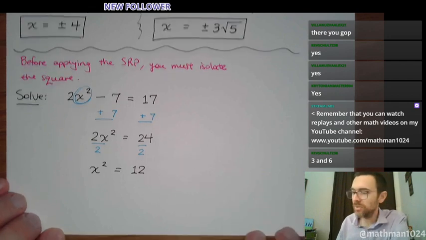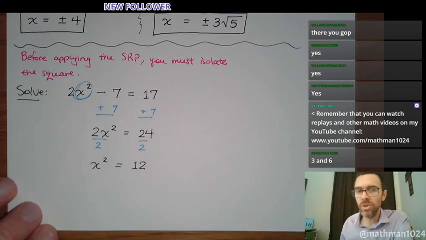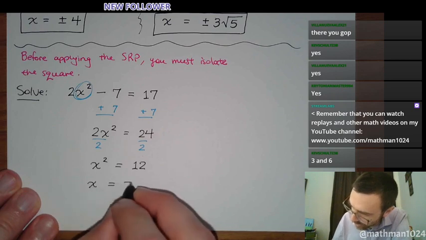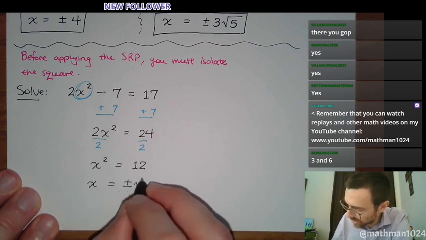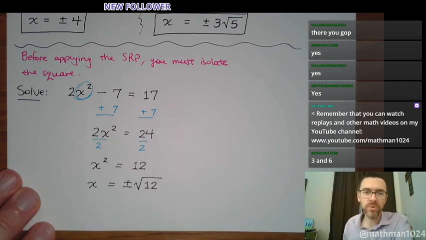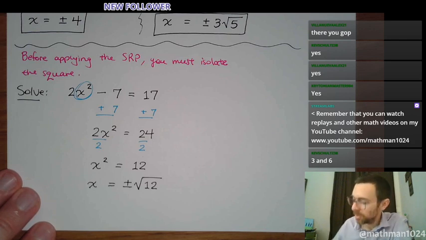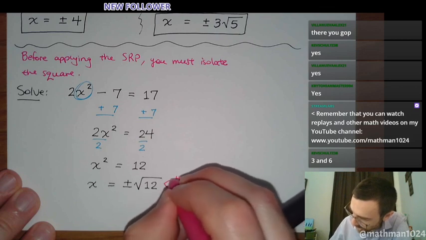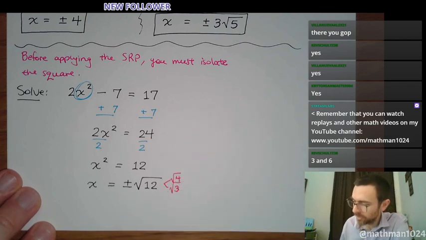And now that we have the square by itself, we can use that square root property that says x will equal plus or minus the square root of 12. Don't leave it like this. Do your best to simplify, because 12 can be reduced and broken up as 4 times 3.